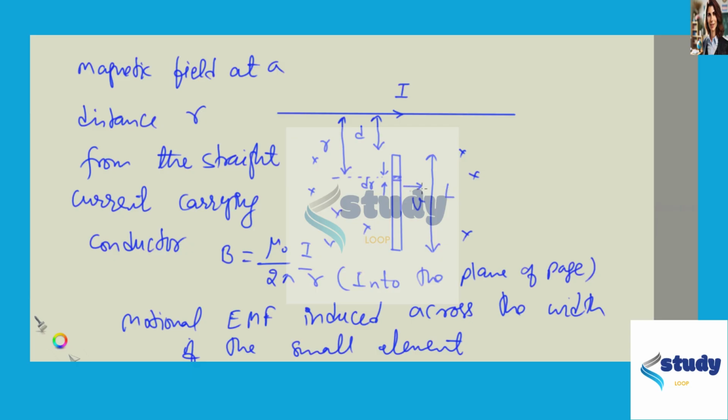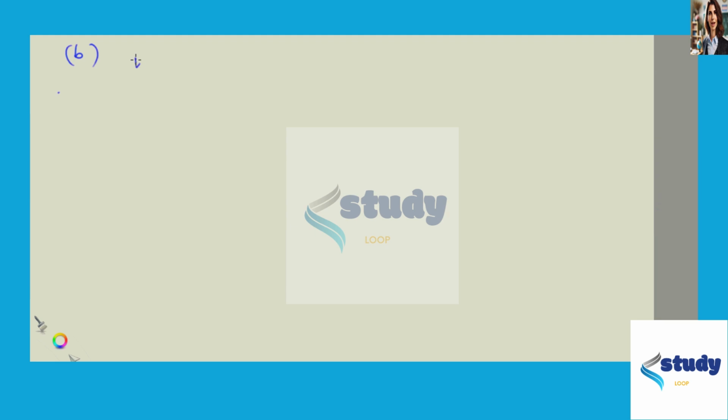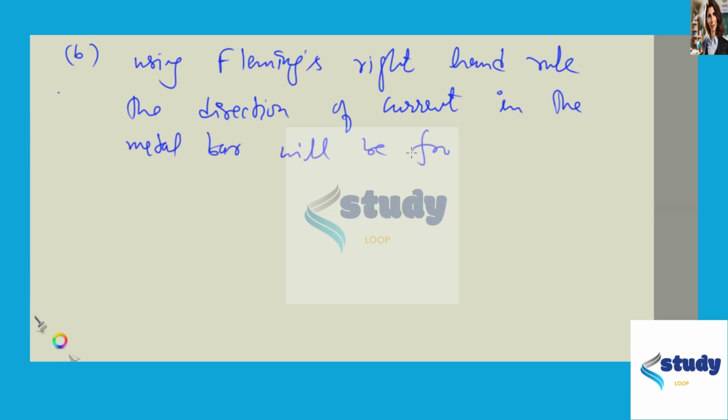Now, when this rod is moving towards right, so using Fleming's right hand rule, the direction of current induced in the metal bar will be from B end to A end.